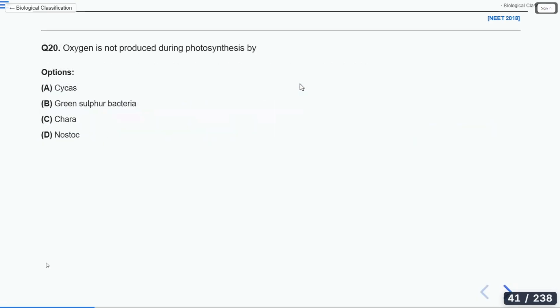Oxygen is not produced during photosynthesis by Cycas, green sulfur bacteria, Chara, and Nostoc. Which does not produce oxygen during photosynthesis?